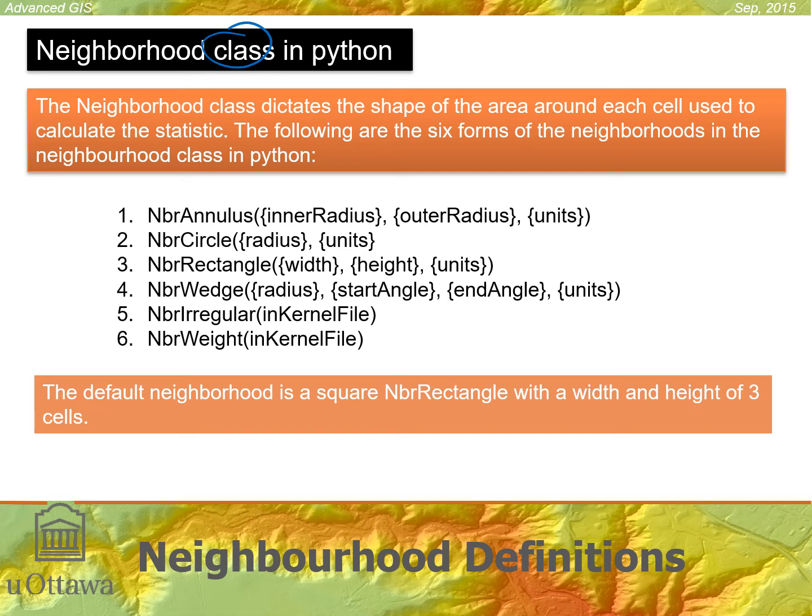For example, NbrAnnulus would create a donut neighborhood, NbrCircle for a circular, NbrRectangle to make a rectangular neighborhood, NbrWedge, NbrIrregular or NbrWeighted.